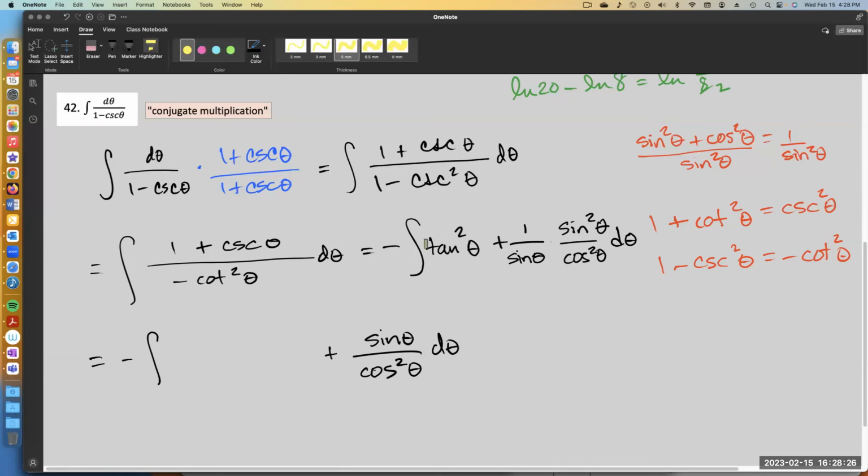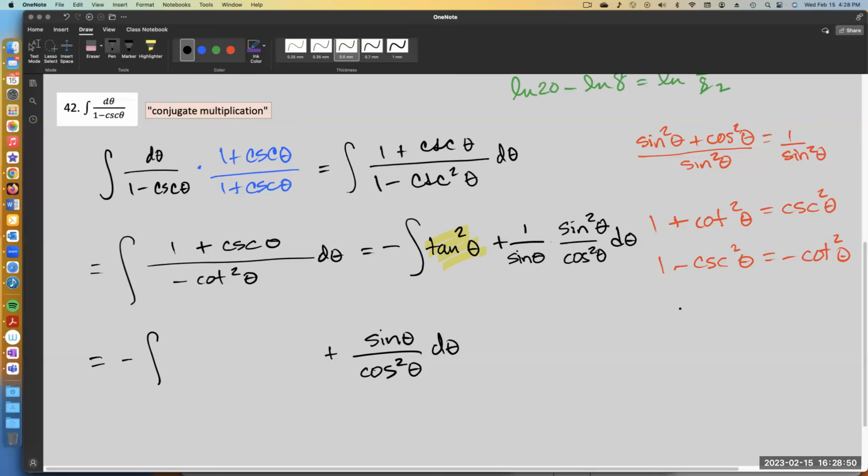Do we know a function that has a derivative of tan squared? Can we integrate tan squared directly? Or not? Do we know a function that has tan squared as its derivative? Yeah, isn't it natural log secant times tangent? Not quite.